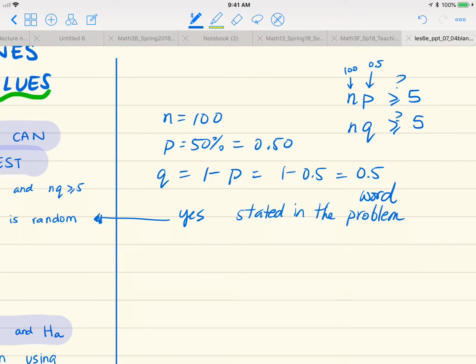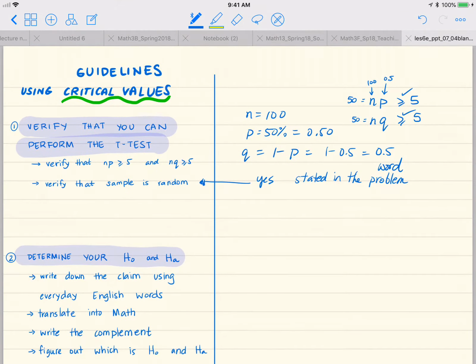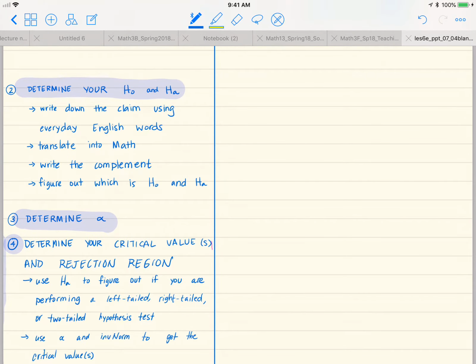So NP is equal to 50, and I've got the same numbers for NQ. So I can conclude that 50 is greater than or equal to 5. So yes, from these computations, NP is greater than or equal to 5, and NQ is greater than or equal to 5.